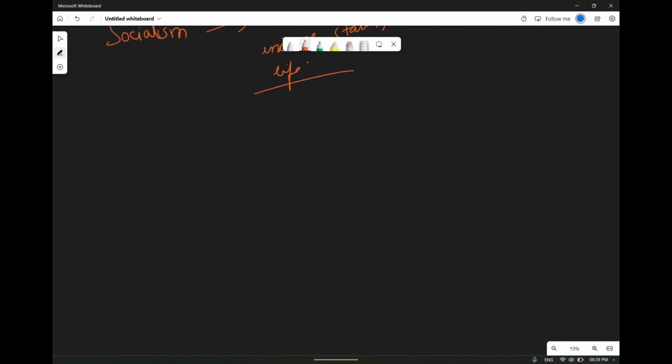The Marxian concept of socialism also says that all workers of the world should unite and start a revolution. Karl Marx is also talking about unification and equality.